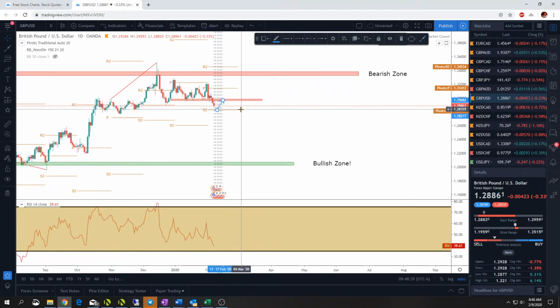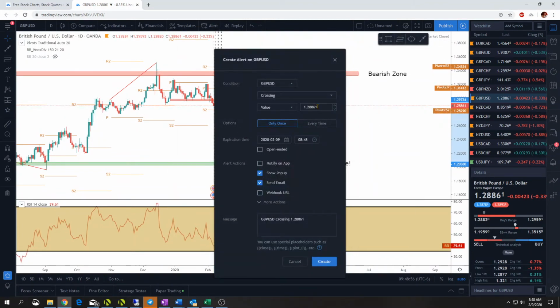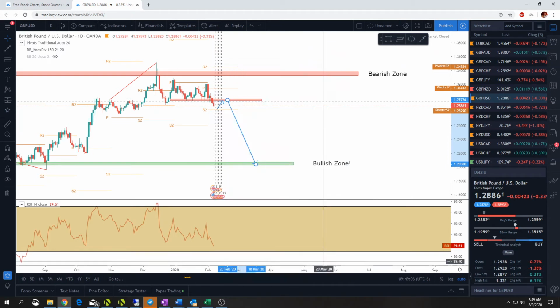It's come down to this S2, maybe a little pullback, and that's where we're going to get bearish from. So I'm going to set an alert right in front of it. 29476. Bam.